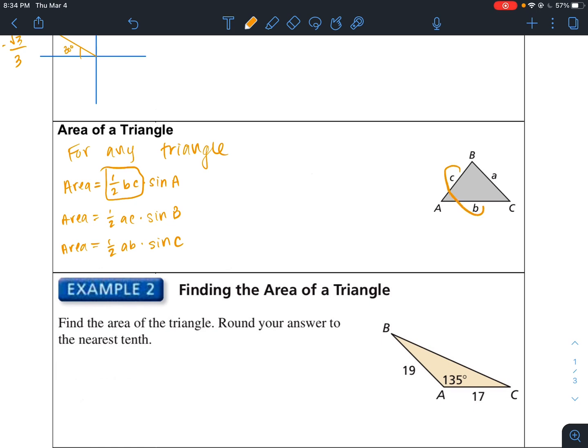So here you're taking the product of BC, cutting it in half, multiplying it by sine of A.